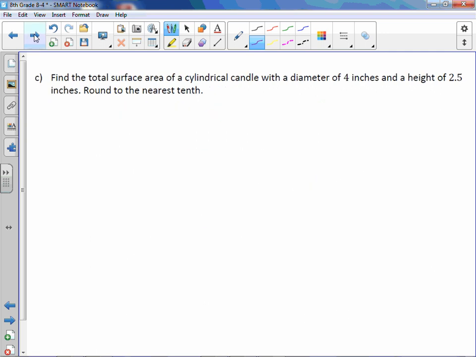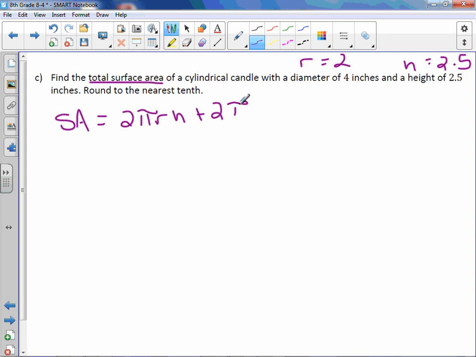Letter C. Find the total surface area of a cylindrical candle with a diameter of 4 inches, which means the radius is 2, and a height of 2.5 inches, round to the nearest tenth. This time we are finding the total and complete surface area, so we will use the entire formula. Surface area equals 2 pi r h plus 2 pi r squared.